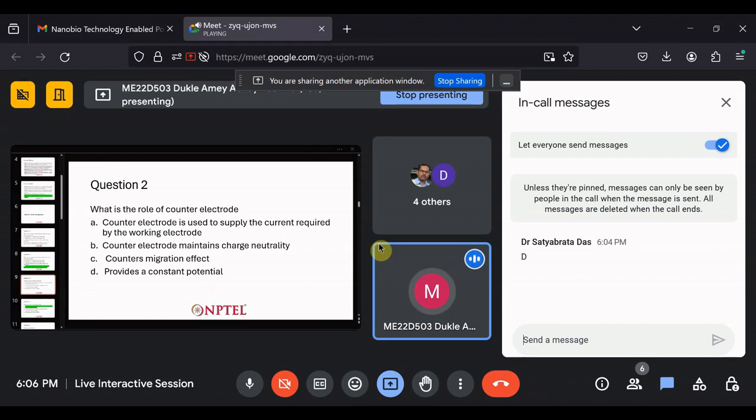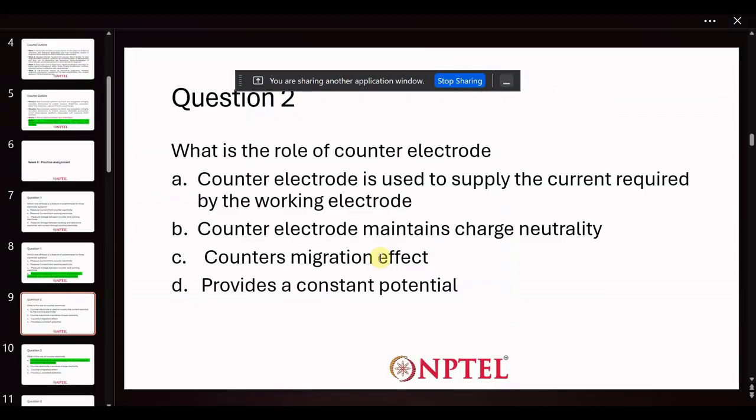To compensate for that, we have a reference electrode, and the counter electrode is the one where you actually measure the signals with reference to the working electrode. So what do you think will be the right answer?